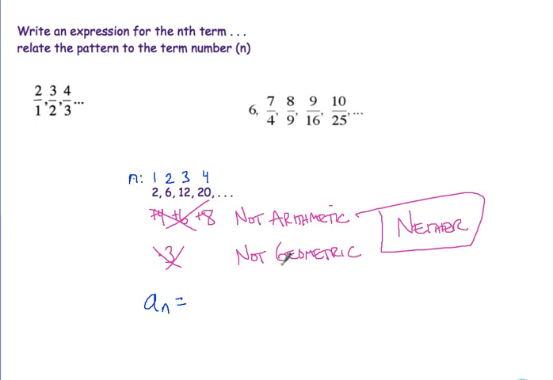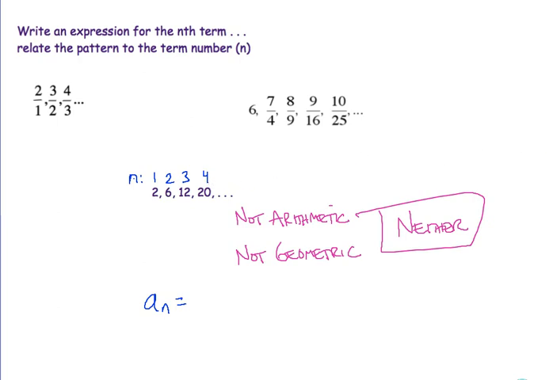So what I would say to do, I'm going to erase this so I have some room to work. What I would say to do when you're writing an equation is always try to involve n. So ask yourself, how do I get a 2 from a 1? How do I get a 6 from a 2? How do I get a 12 from a 3? How do I get a 20 from a 4?